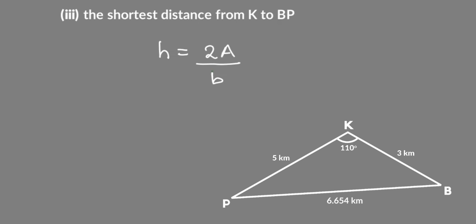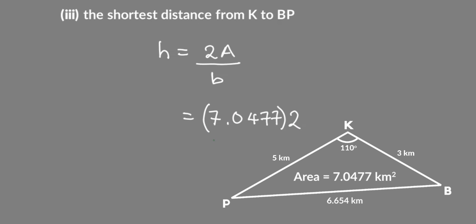So we're going to use the area that we calculated, 7.0, I think we can use the 477, then multiply it by 2. After that, get our base. Our base is BP, the distance that we earlier calculated. You can remember it was 6.65.